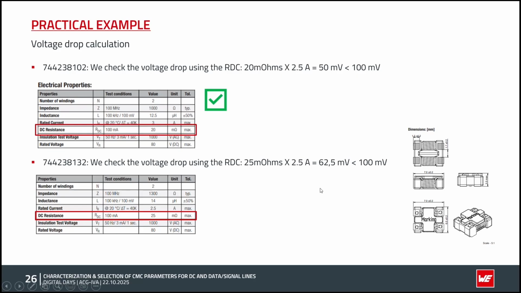Here we have calculated both voltage drops using the DC resistance, and my opinion is that you should use the one that is putting less voltage drop into your line. So what you need to do now is to take this common mode choke, put it in your PCB, and check again the response in frequency. How is it filtering the noise? So just go check that and come back to me if you have any questions.